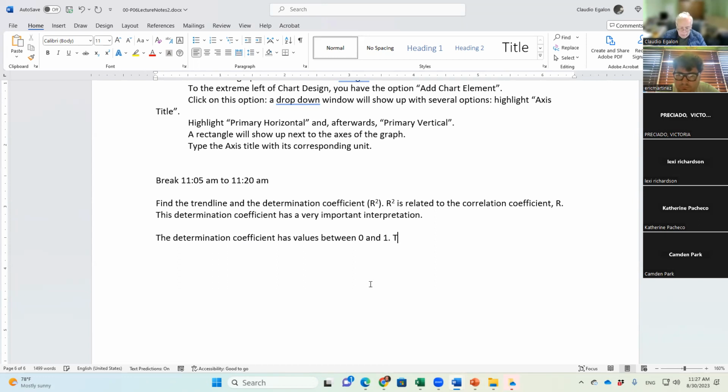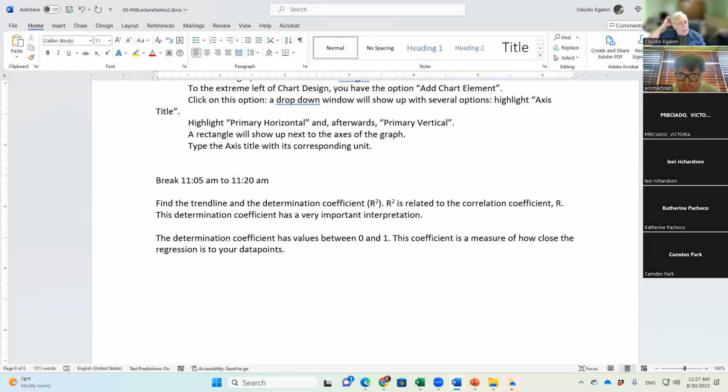Okay, the larger this coefficient, let's write it another way. This coefficient is a measure of how close the regression equation is to your data points.